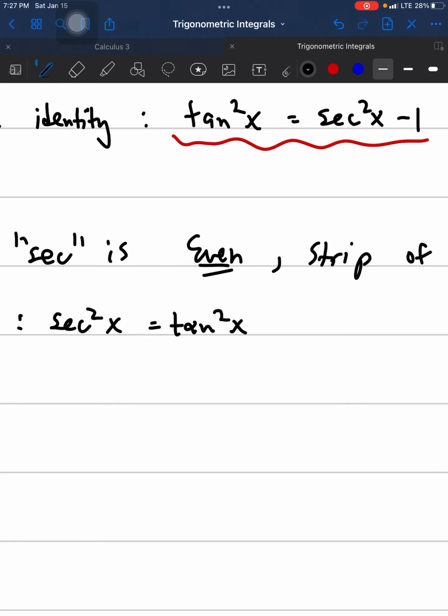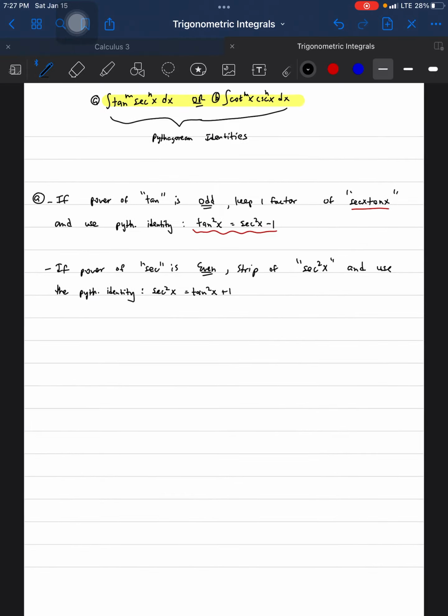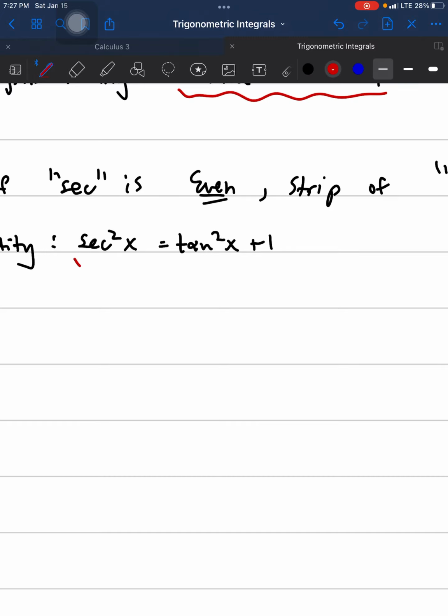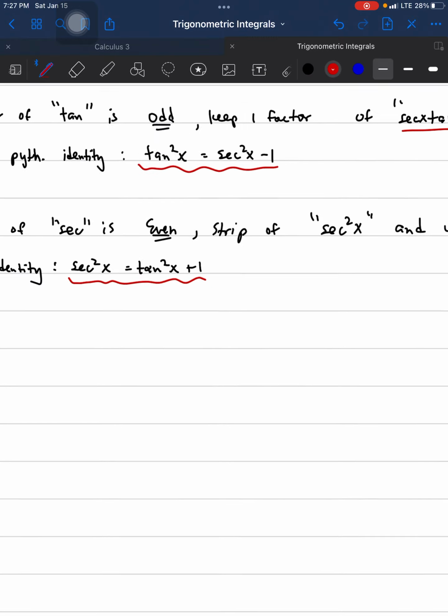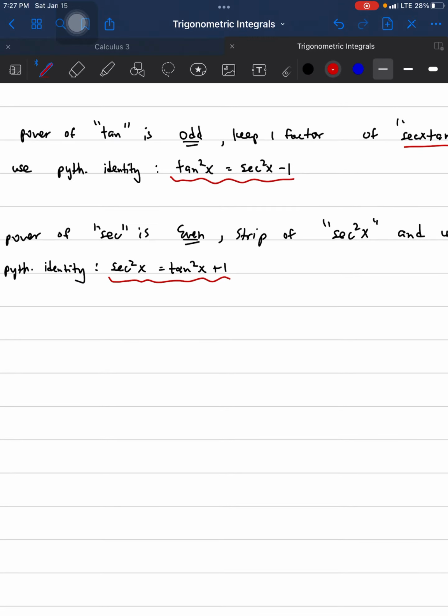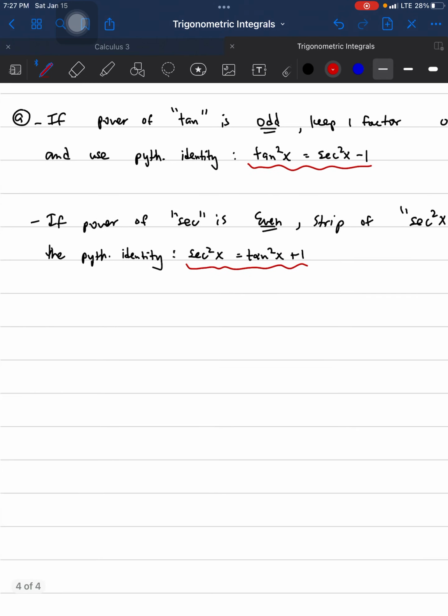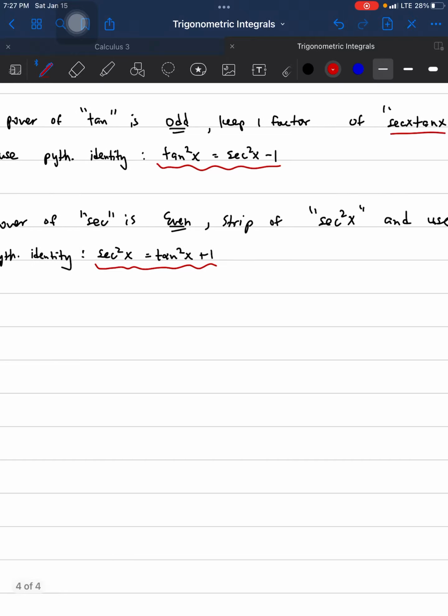Secant squared x is equal to tangent squared x plus 1. And we specifically strip off secant squared because the derivative of tangent is secant squared. And in this method, we're going to be using tangent as our u when we're solving for the integral.